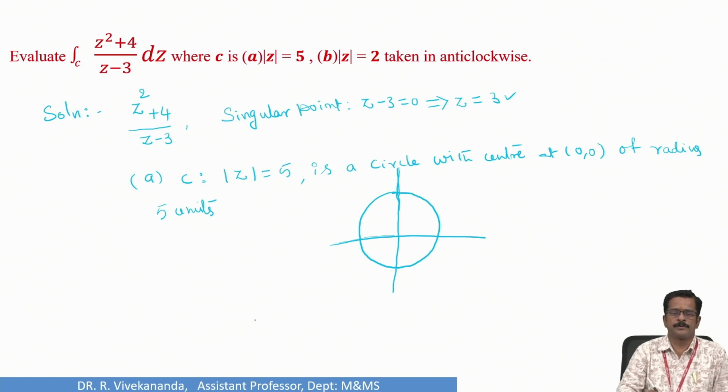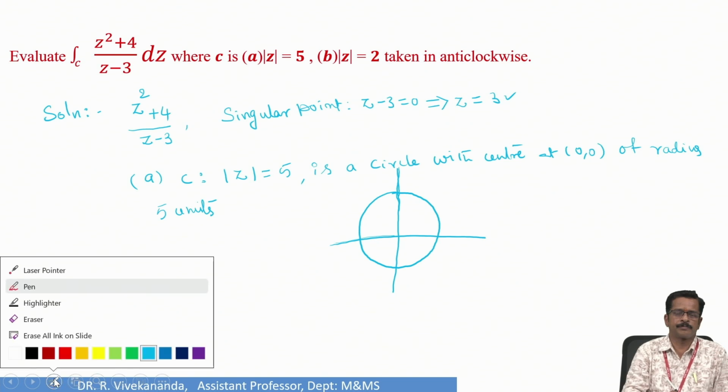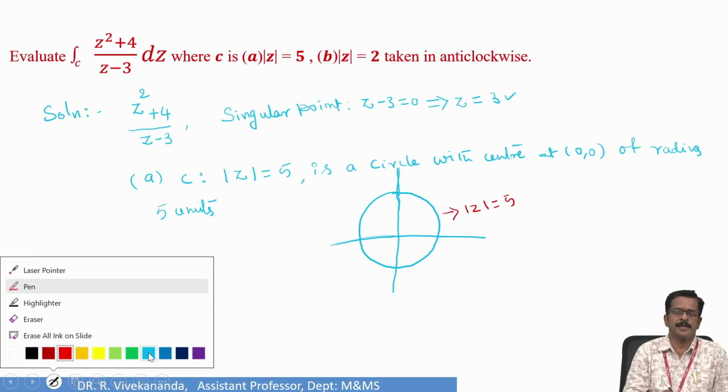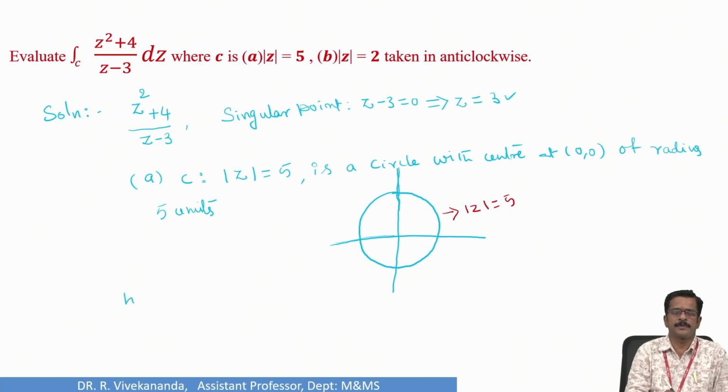Now what is the singular point? Here the singular point is z equals 3, which is less than 5, so it lies inside the circle.